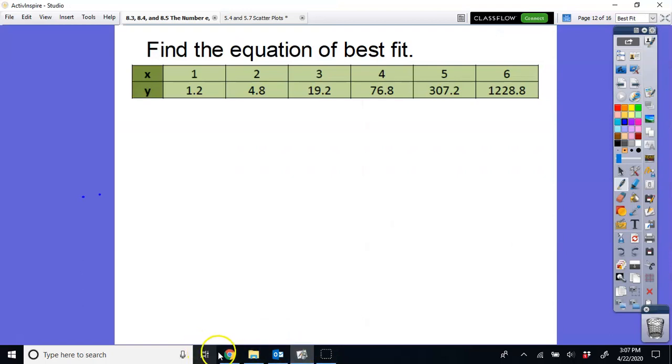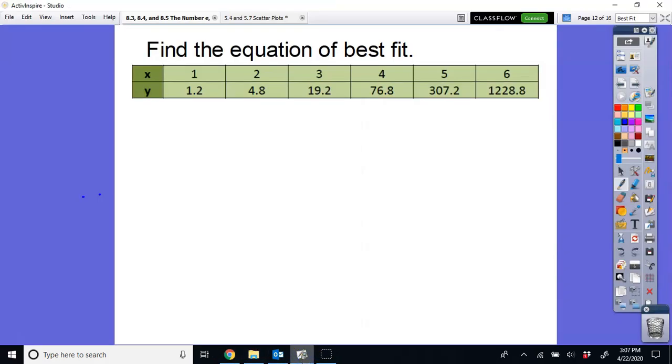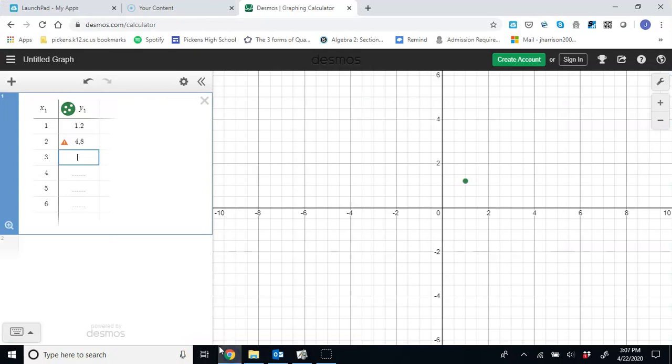We have 1.2, 4.8. Then we're going to go to 19.2, 76.8.